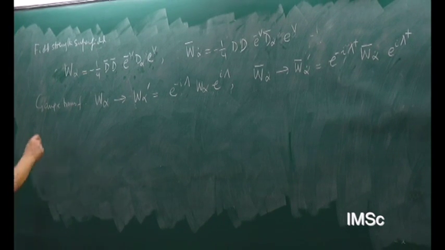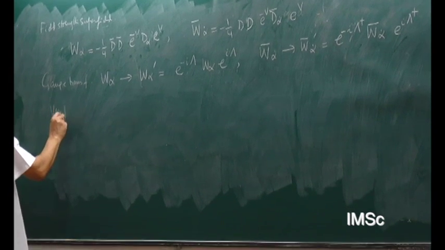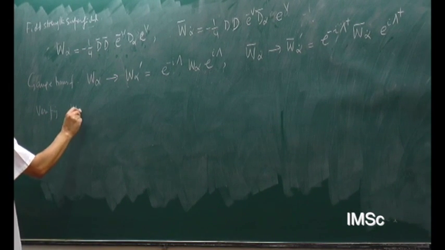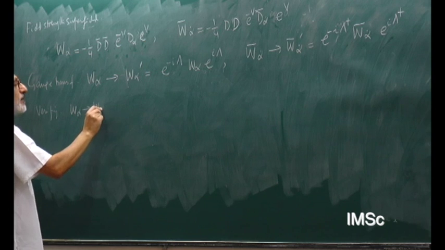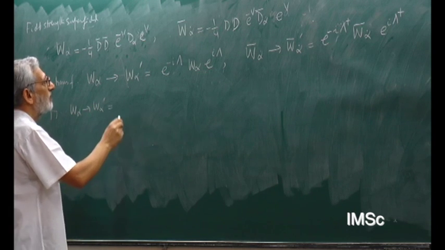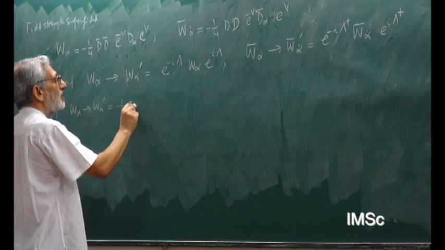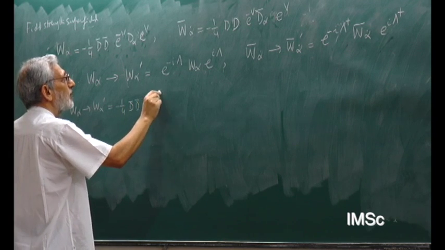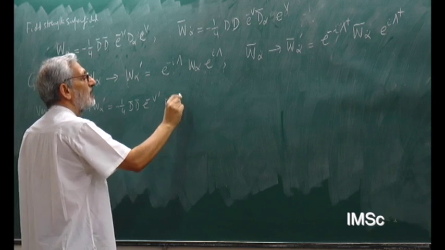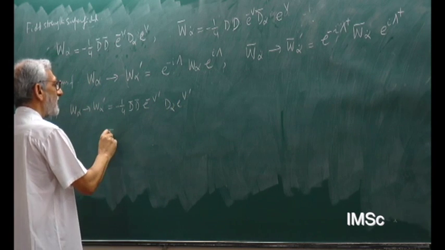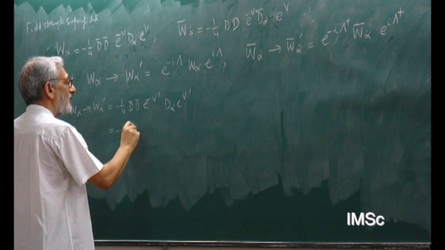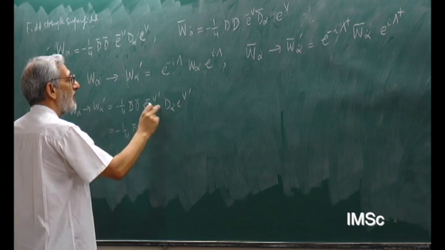Let's verify. So W_α goes to W_α prime, and W_α prime is minus 1/4 D-bar squared of e^{-V'} D_α e^{V'}.